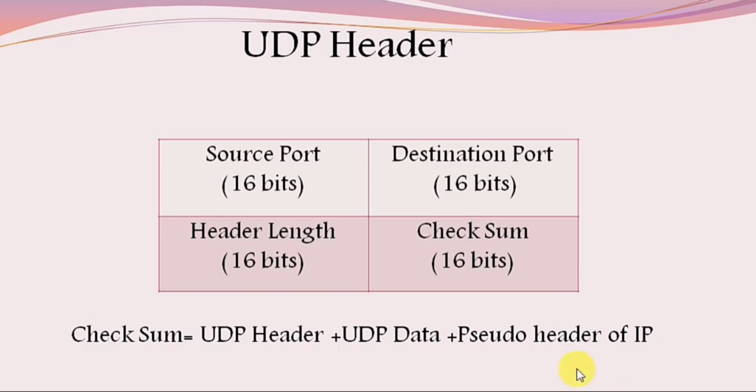This pseudo header of IP is nothing but, in the network layer, we use an IP header. In the IP header we use the IP address of source and destination, and also the upper layer protocol, in which these values will remain constant throughout the data processing. Now, what do we mean by the data processing? It is nothing but the transmission of data from the sender to the receiver.